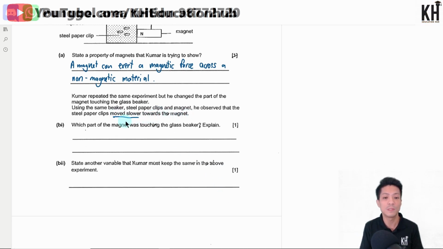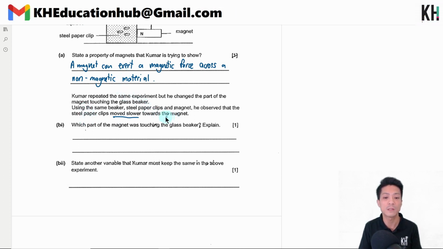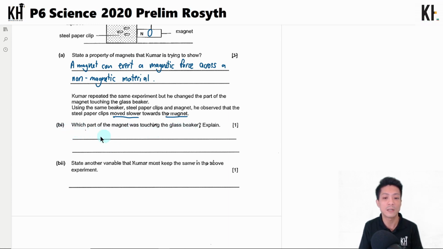This probably means that there was a weaker magnetic force, and the only possible place of the magnet which has a weaker magnetic force would be the middle part of the magnet. So which part of the magnet was touching the glass beaker? The middle part.